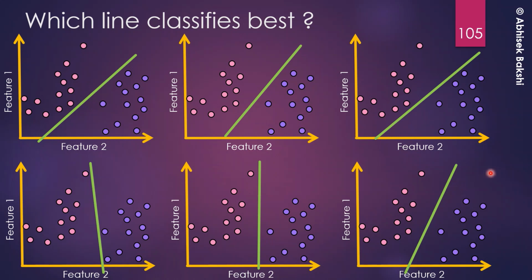And you see in these 6 cases, you cannot say that a particular case is wrong. Each and every straight line can classify the points with 100% accuracy, right? So everyone is correct. But if I ask you which classifier is the best, how will you answer?